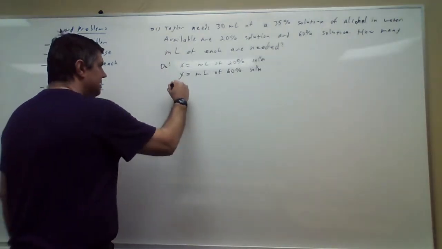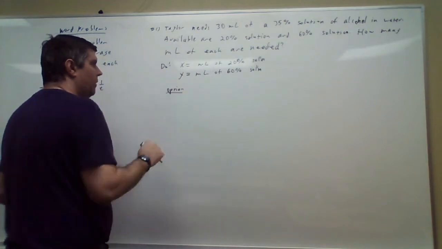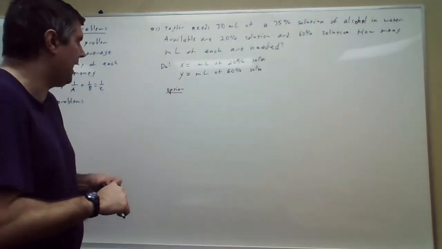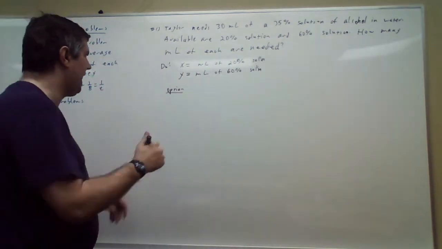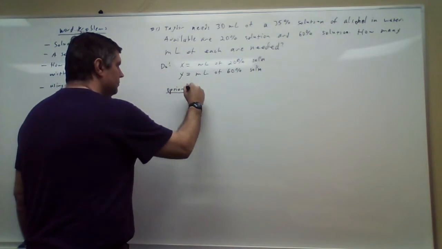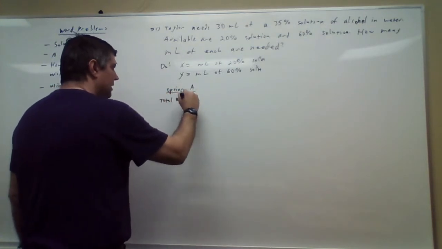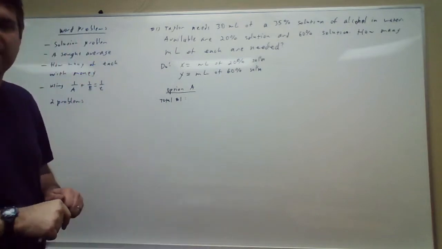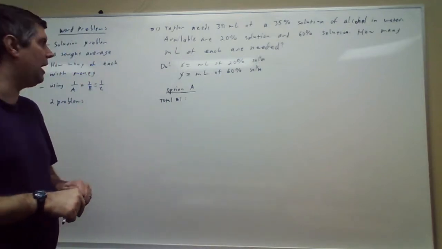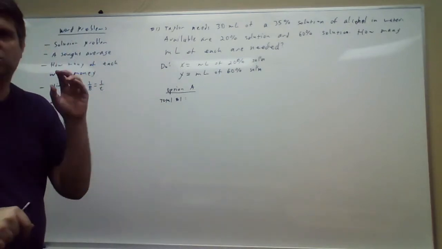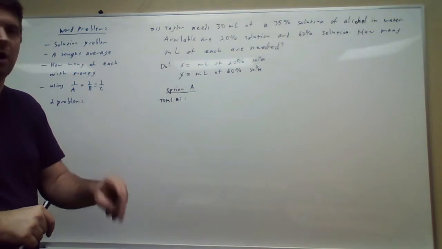Now, there's two ways to do this the way I'm thinking of. Okay? One, option A. Total number 1. So we're going to write 2 equations. We're going to use two unknowns, and we're going to write 2 equations with those 2 unknowns.